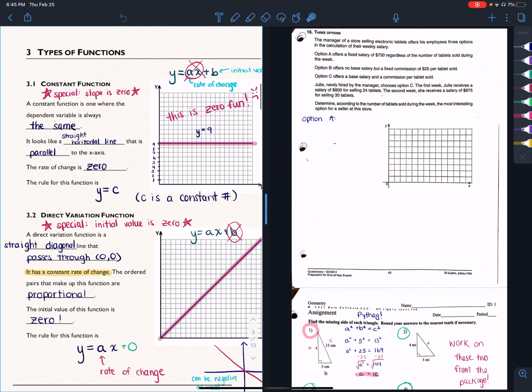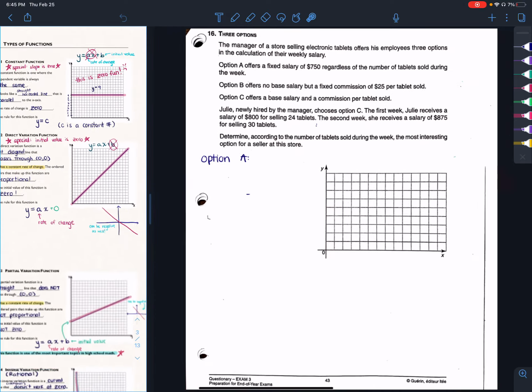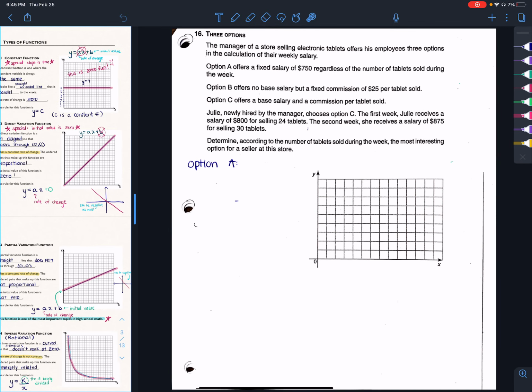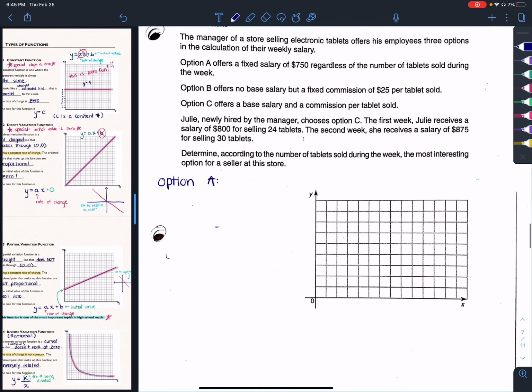Right, so constant function, so the dependent variable is always the same. So this is what our function should look like. It's just y equals a number. So over here, option A is going to be y equals $750. So she is making $750 regardless of the number of tablets that she is selling.